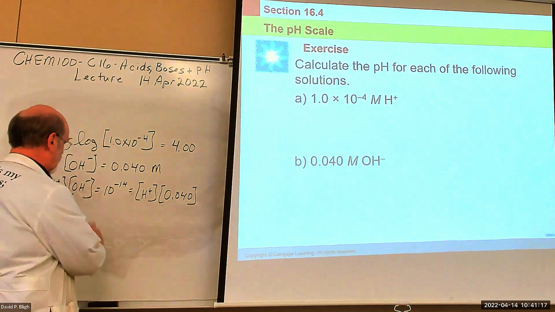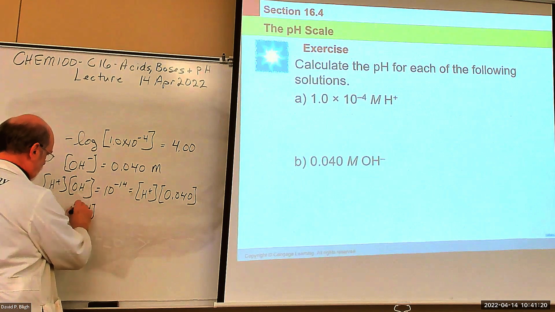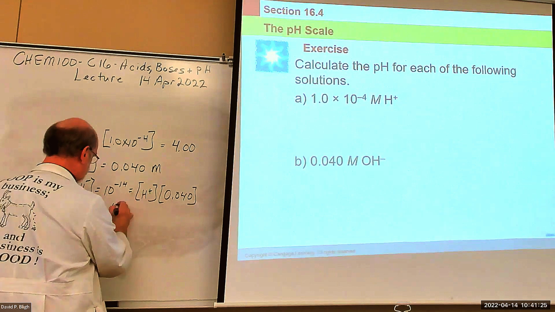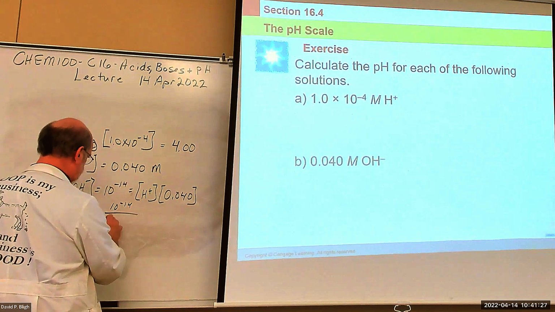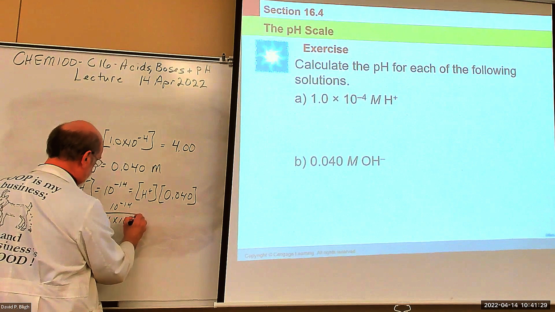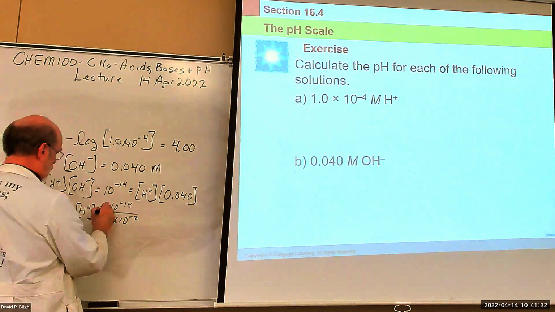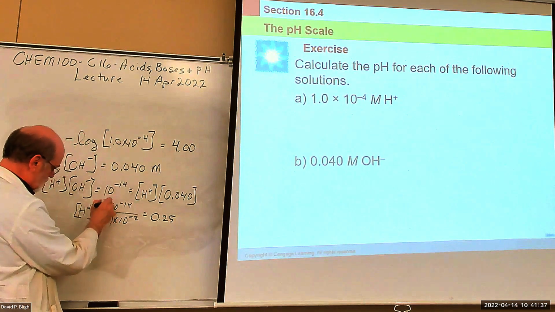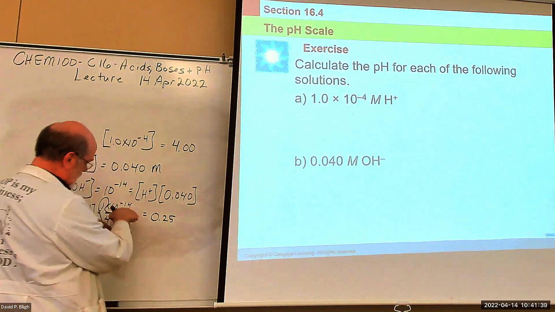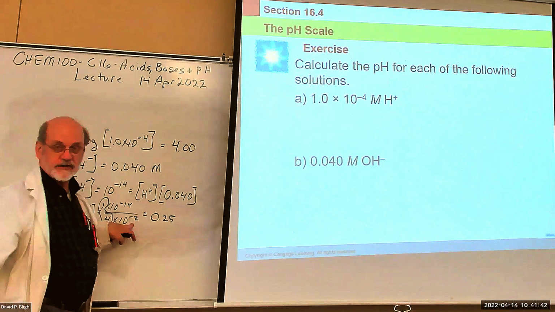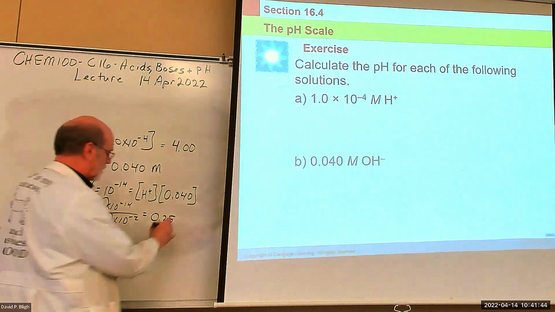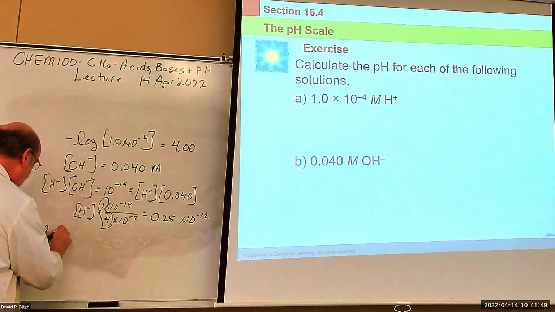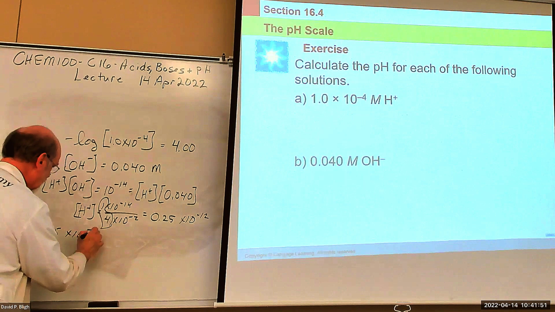So solve for hydrogen ions equals this one divided by that one. This is 4 times 10 to the minus 2. And this is 1 times 10 to the minus 2. So this is 0.25, right here. And this is minus 14, minus 2 in the denominator means minus 12. Right? So it's 2.5 times 10 to the minus 13.